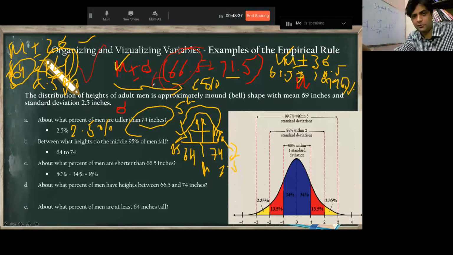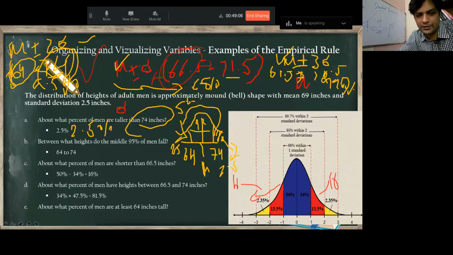So 16% of people lie below this one. Or if this is 68%, then the remaining is 32, half of 32 means 16% here and 16% here. About what percent of men have height between 66.5 and 76.5? You already know it's 81.5%.